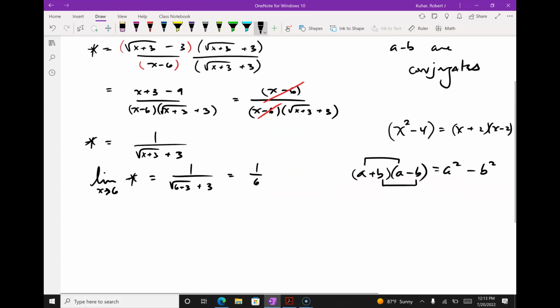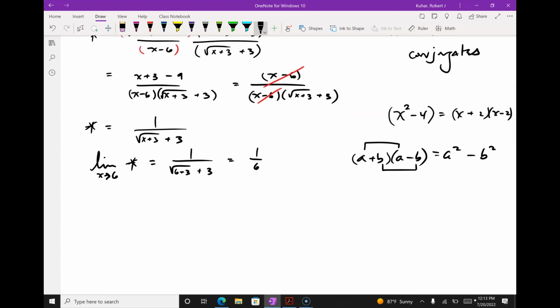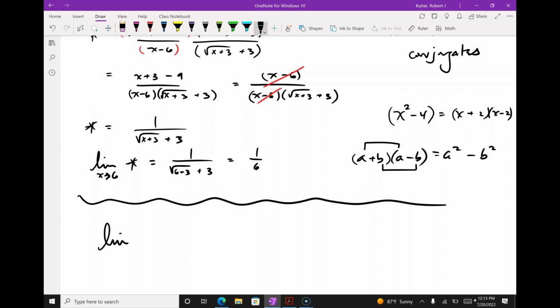Same problem now with L'Hopital's. So same problem, but with L'Hopital's. We're doing the limit as x goes to 6 of the square root of x plus 3 minus 3 over x minus 6. I check it and I get a 0 over 0, and I know I can use L'Hopital's rule. I can write it many different ways.